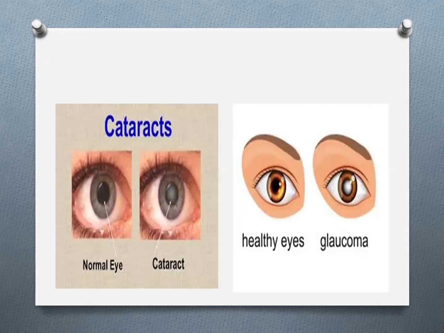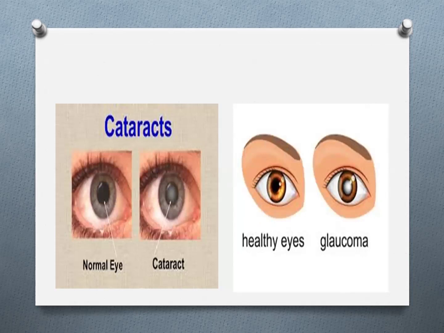In the next slide, we can see a picture showing cataract, and it also shows healthy eyes and glaucoma. We have to understand that if we are reading cataract, we should be visualizing what the pathology is. Usually these are asked in the exam and usually depicted in a picture.